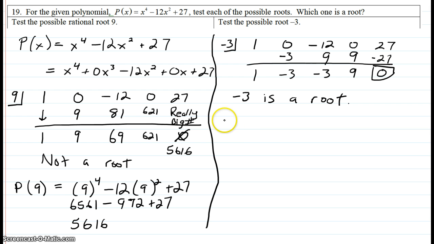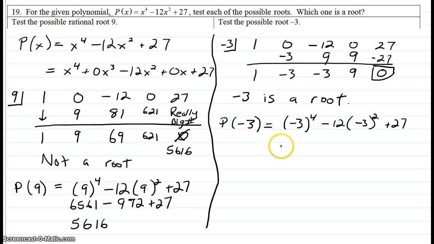So if you just wanted to take the negative 3 just for fun and substitute it into your function, and work this out. So negative 3 to the fourth is 81, and it'll be positive.